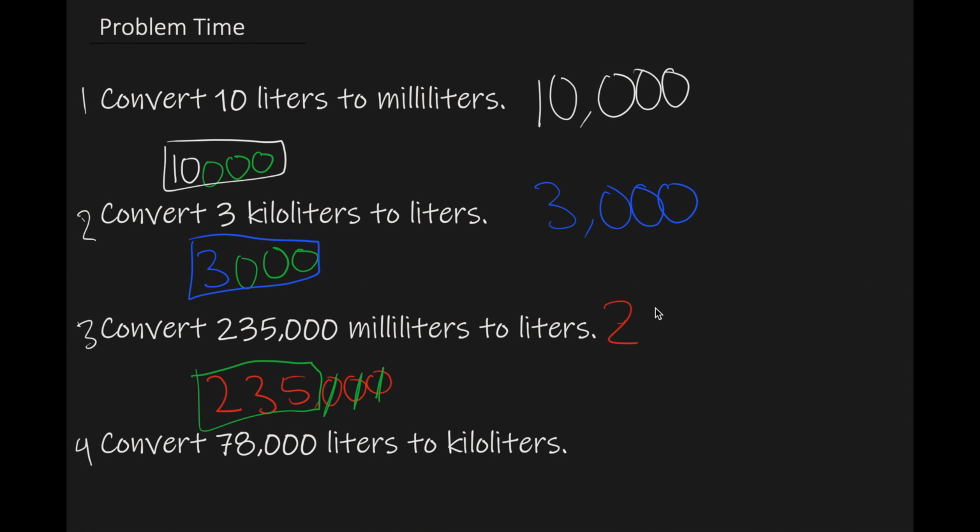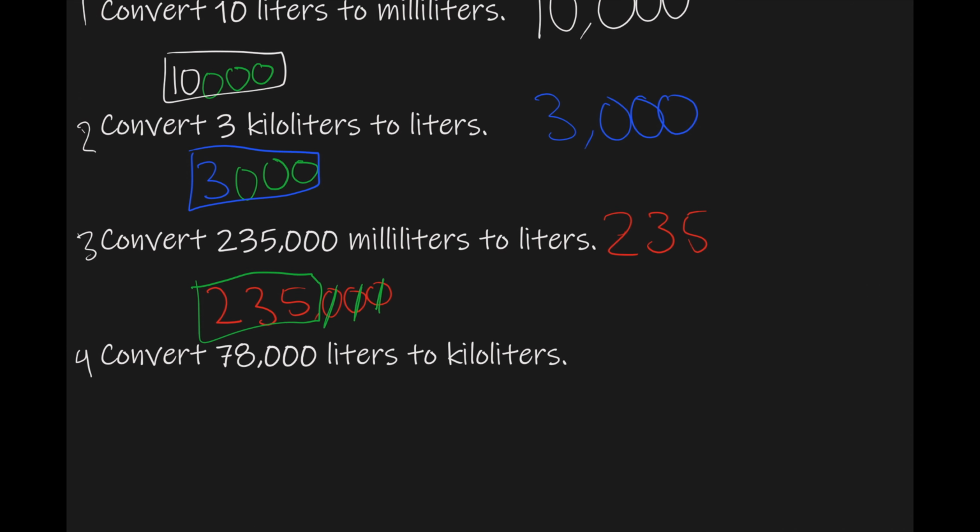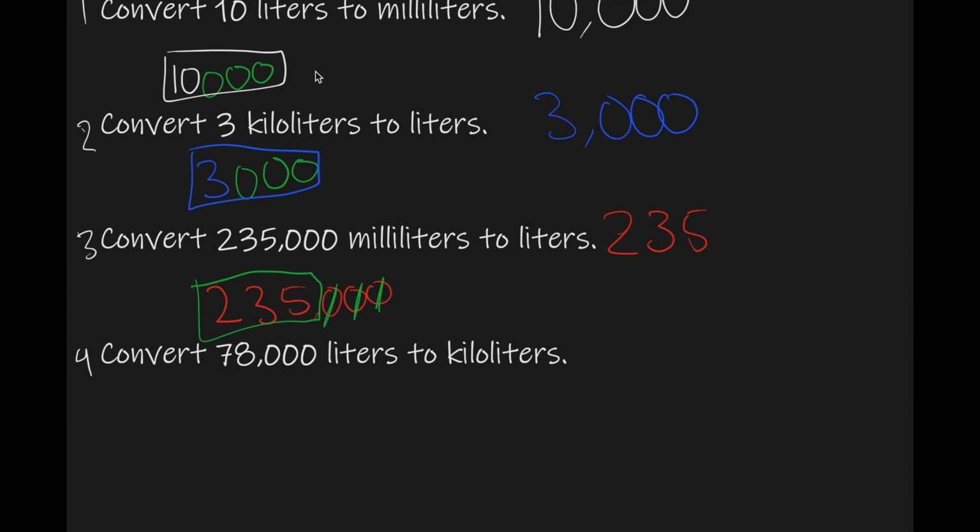So 235. Okay, so now we're on our last problem. Convert 78,000 liters to kiloliters. Cross out the 3 zeros. Our number here is 78. So let's green 78. So there you go.